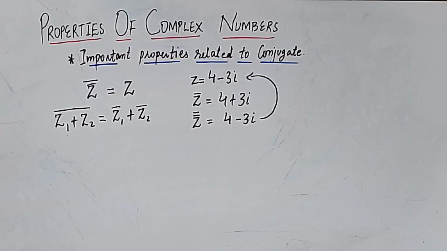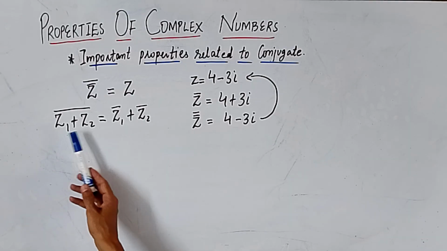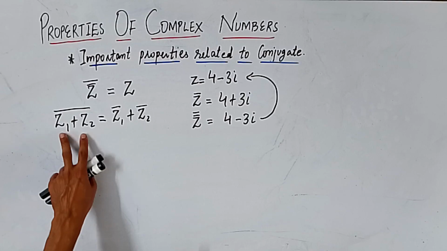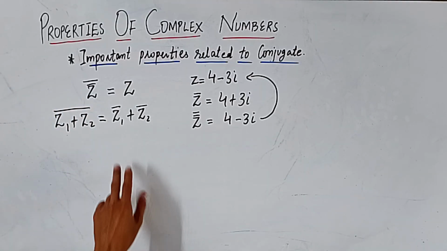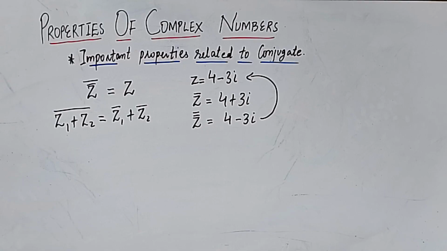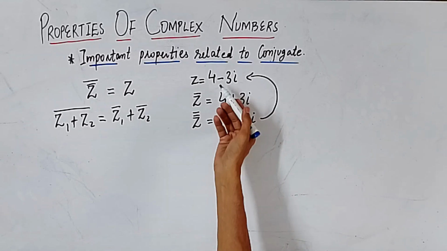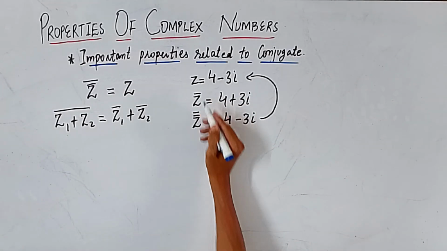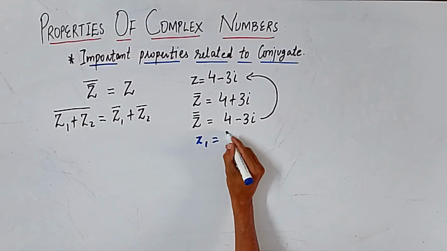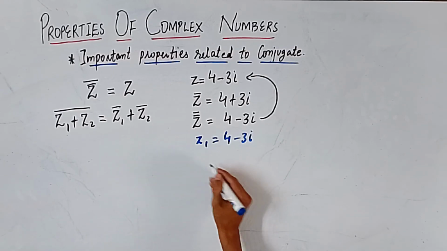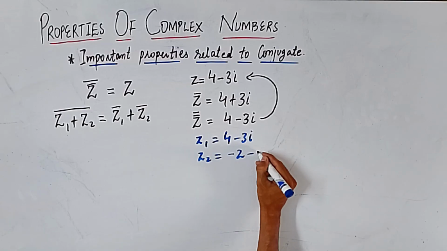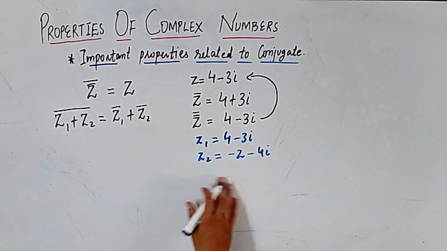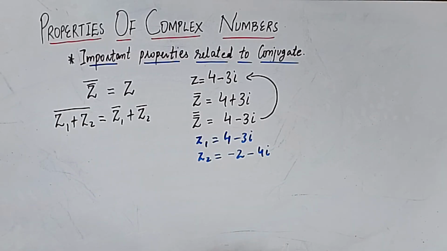Here it is written that if you have two complex numbers, first add them and then find the conjugate, that will be equal to the sum of the conjugates. For example, let z1 equal 4 minus 3 iota, and let another complex number be minus 2 minus 4 iota. Now let's apply this.